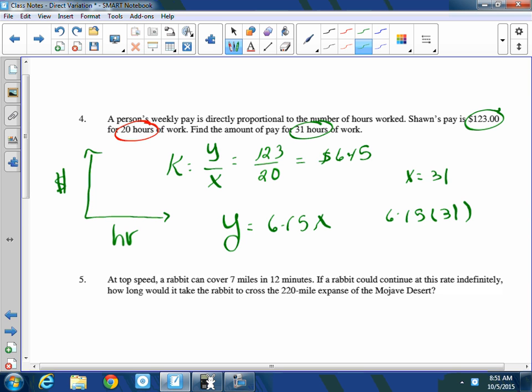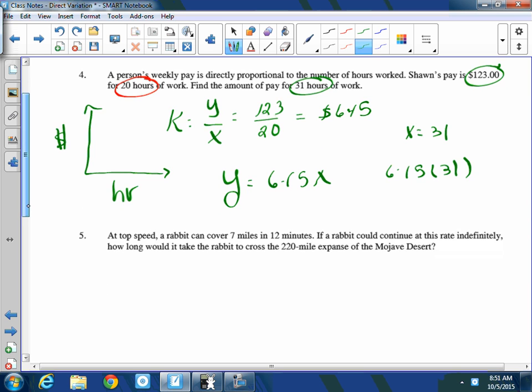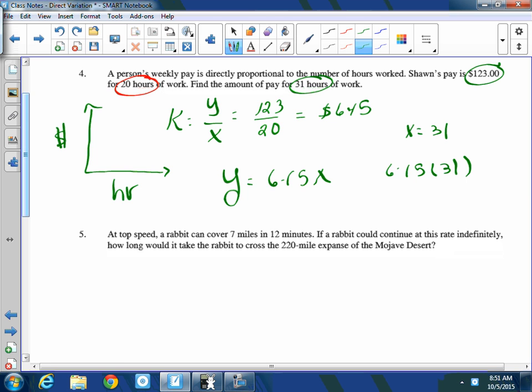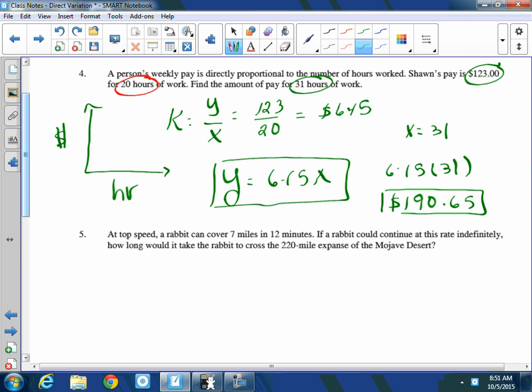And then you multiply it. 615 times 31, can you do it? Just double check, it's okay. Are we good with that? All right, so that's my answer, and then this is my equation.